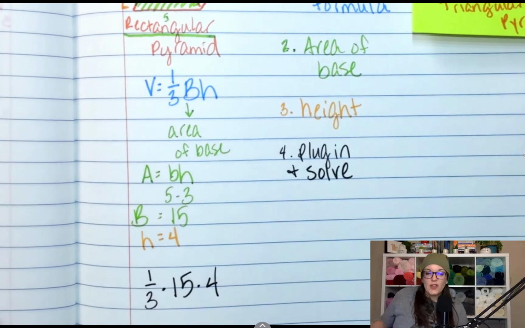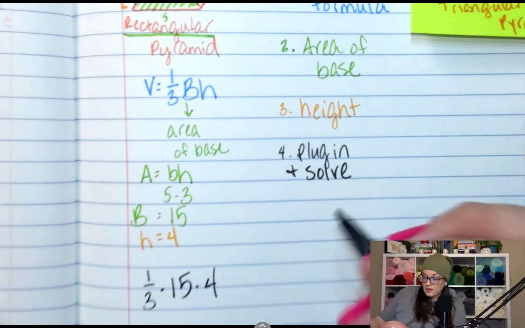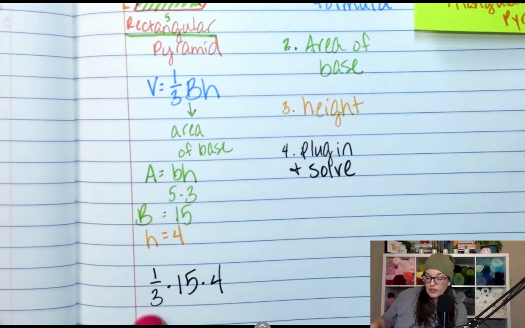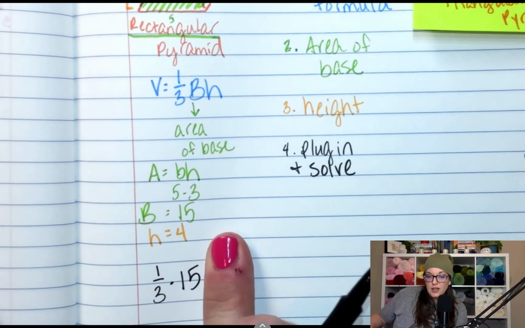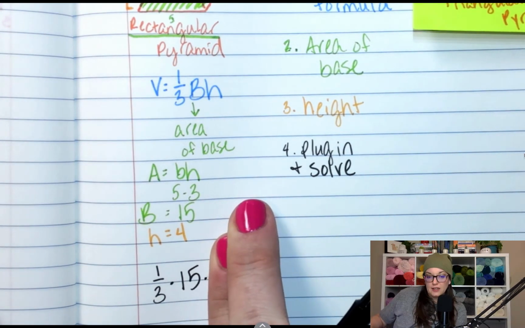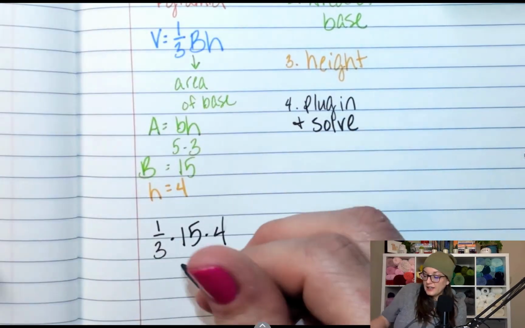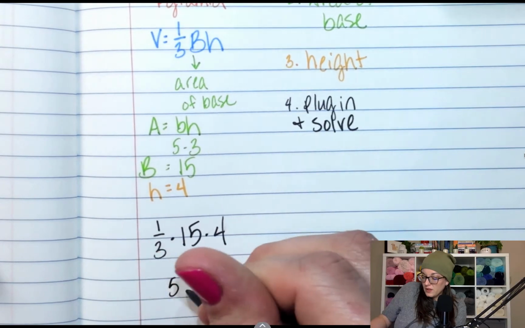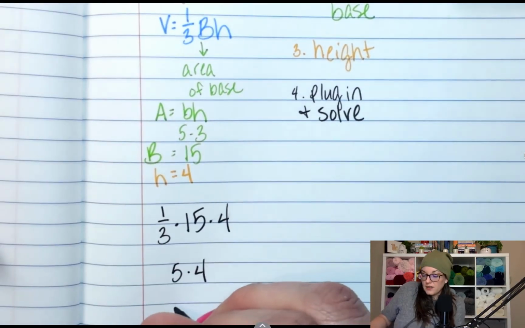Now, finding a third of something is like dividing by 3. So remember that. What is a third of 15? 5. So 1/3 of 15 is 5. And 5 times 4 is 20.